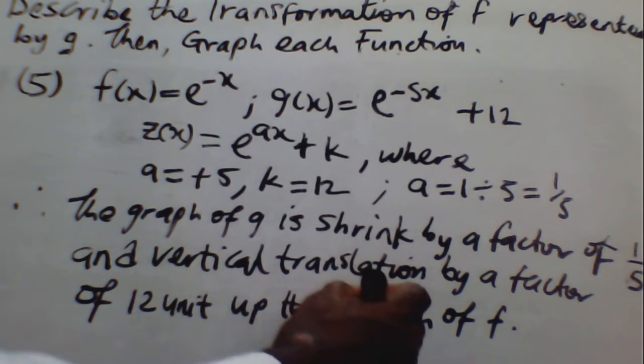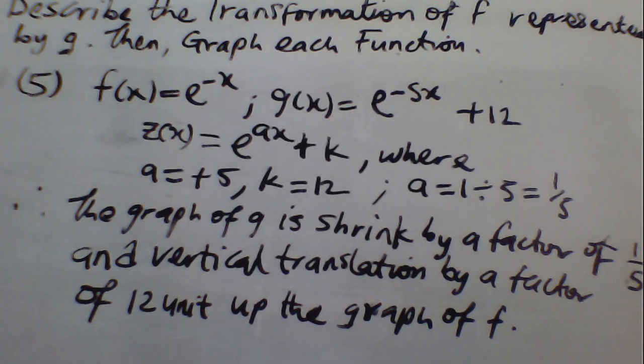So once you state it, you have already described the translation. The translation of f. The graph of g is a horizontal shrink.